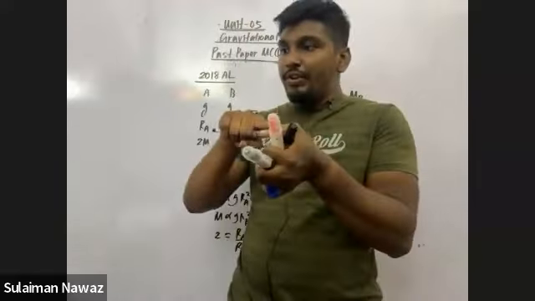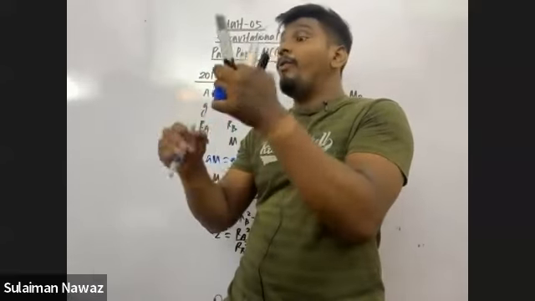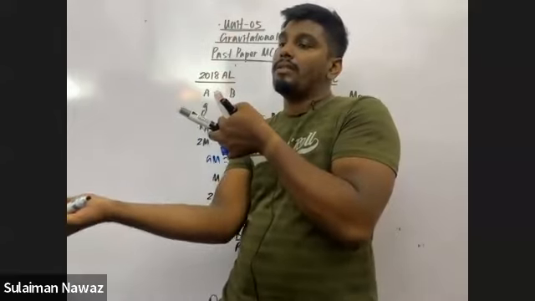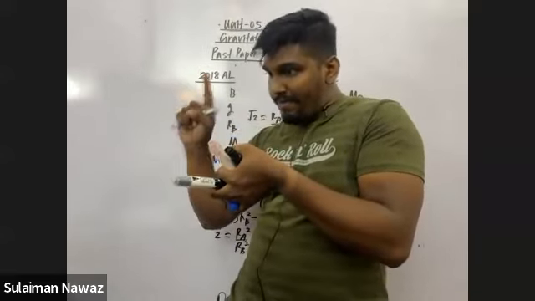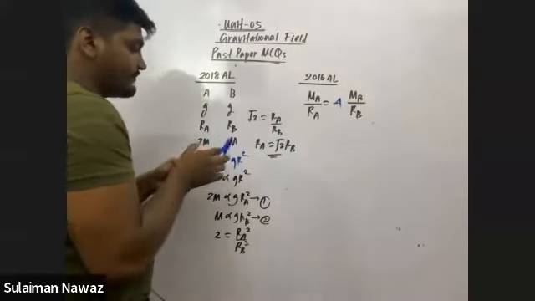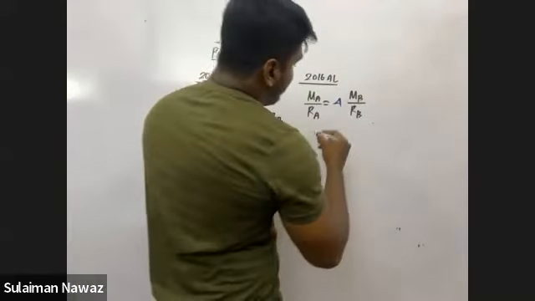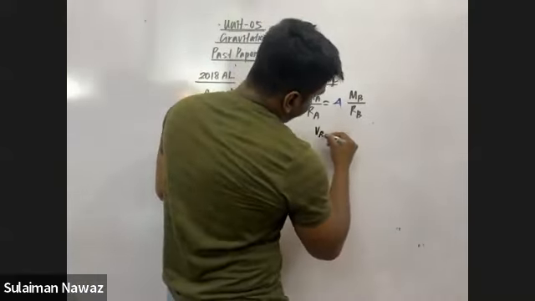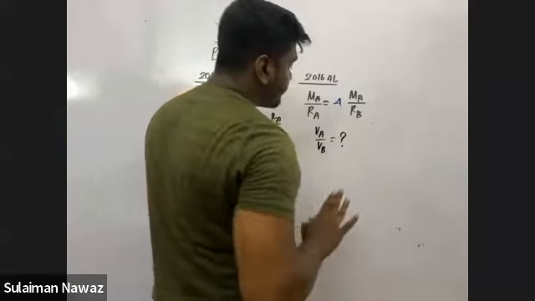They mentioned that the ratio of mass over radius for planet A is 4 times that of planet B, right? Then the ratio of escape velocity at the surface of planet A to that of planet B. So what we want to find is VEA over VEB. So I say the escape velocities are VA and VB, and I need to find this ratio VA over VB.